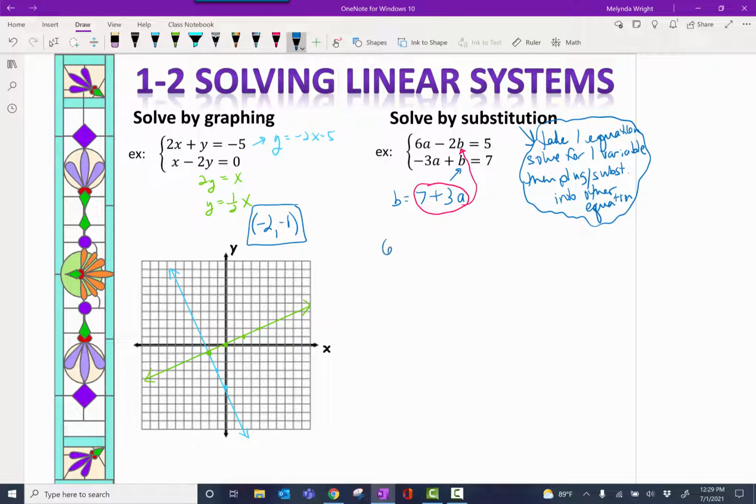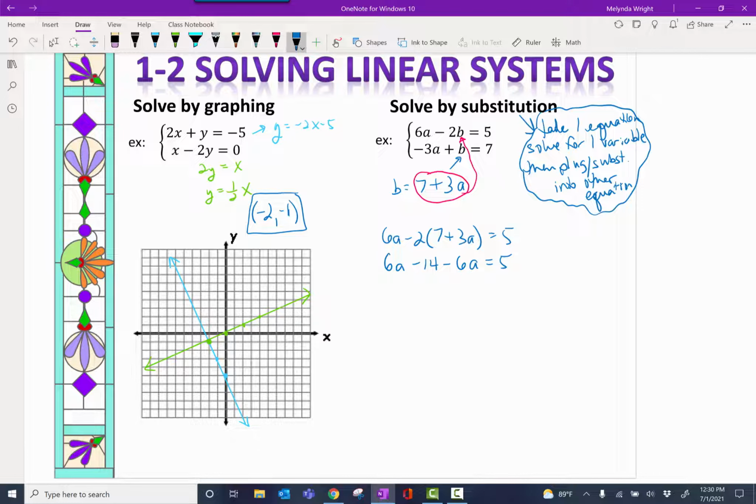So I'll have 6a minus 2 times, here's where we replace b with this information, 7 plus 3a equals 5. Now we have one variable and we can use our normal algebra techniques to solve this. Let's distribute the negative 2, which gives us negative 14 minus 6a.